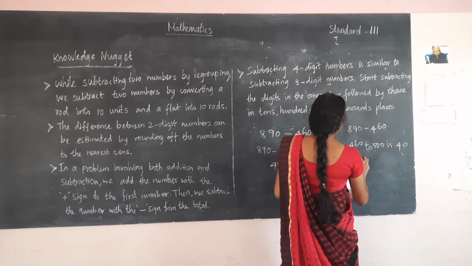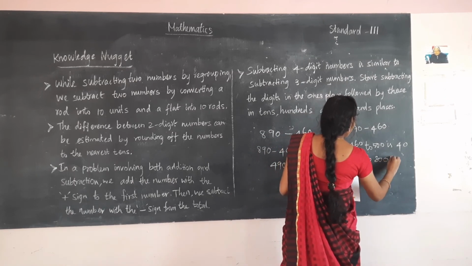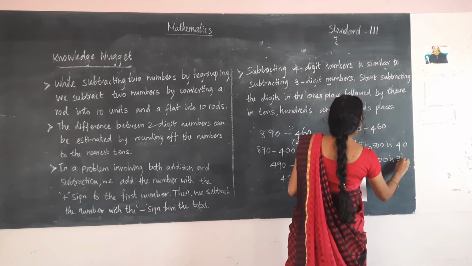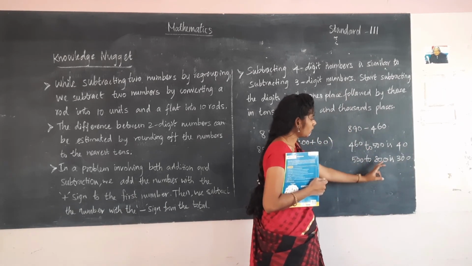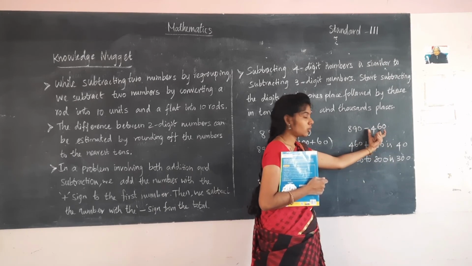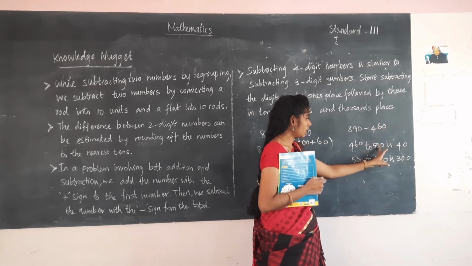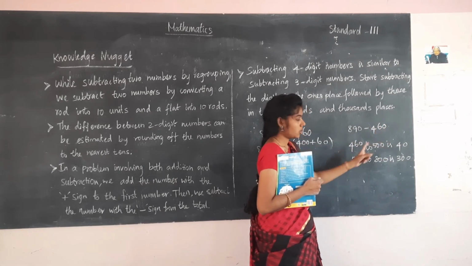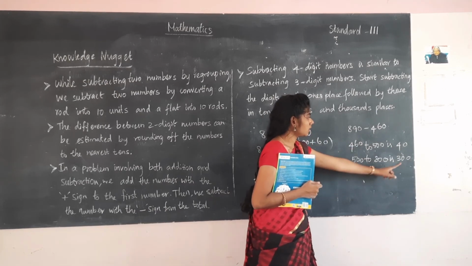So the next one, 500 to 800, we have to see. That is 300. So we are writing 500 to 800. The nearest number to 460 is 500, so the nearest hundreds place. So 460 to 500 is 40. Then 500 to 800 is 300.